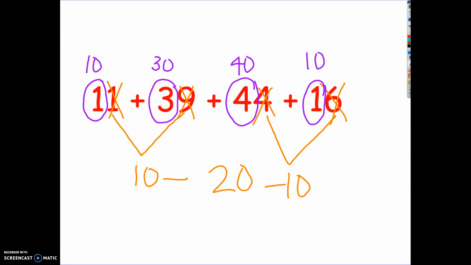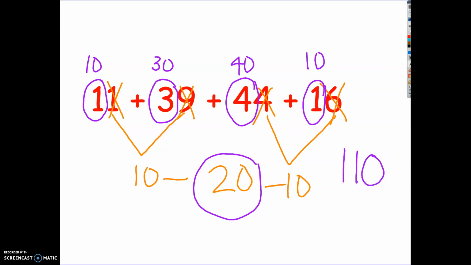So if I take these 10s and add them all up, and then add on the 10s that I've made, the 20 that I made from the 10s when I combined my ones, I have, let's see, 30 plus 40 is 70. 70 plus 10 is 80. 80 plus 10 is 90. 90 plus 10 is 100, plus another 10 is going to be 110.